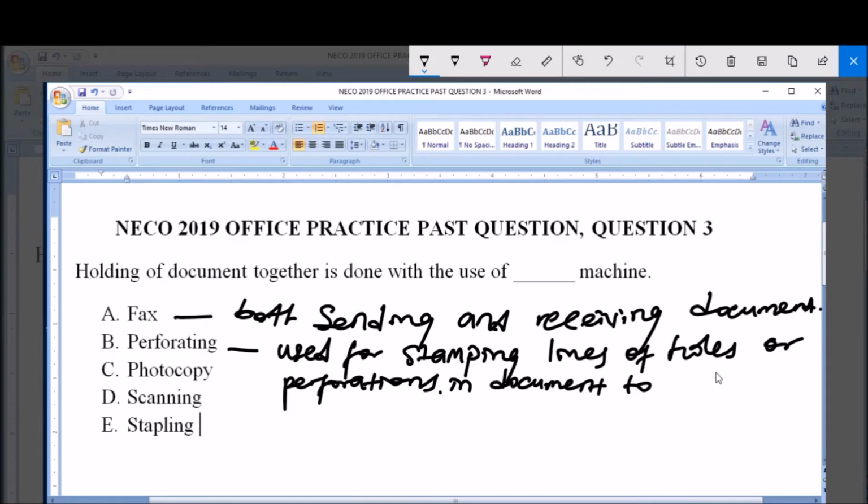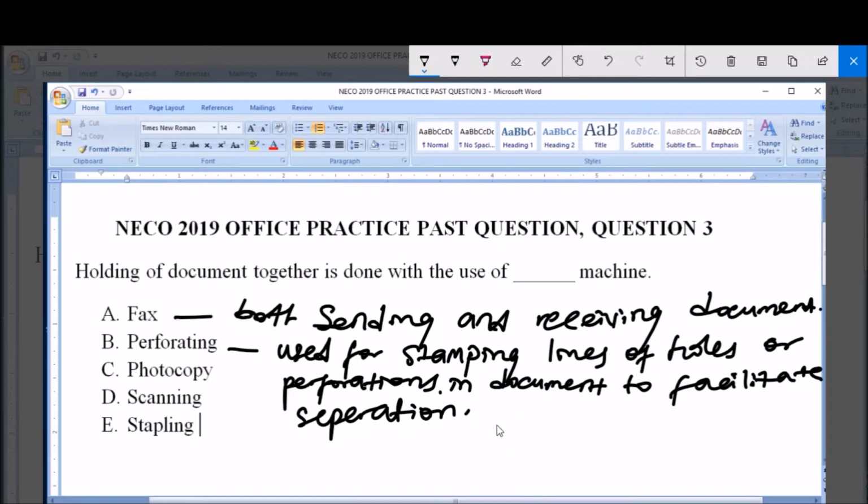For the purpose of separation, that is to facilitate separation. So meaning that a perforating machine does not hold documents together. Instead, it's mainly for the purpose of separation.